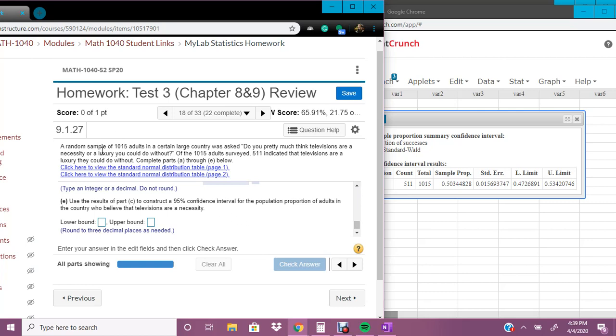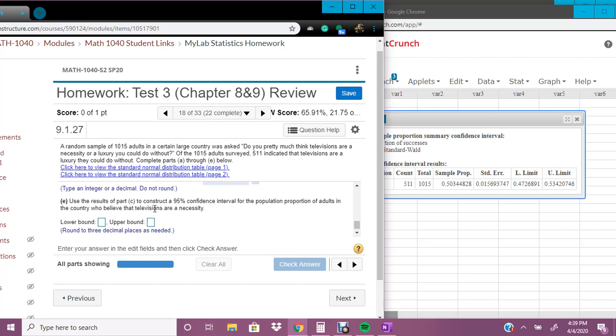So what we found originally is the proportion of people who think that televisions are a luxury and they don't need it, so not a necessity. And now they're asking us to find the percent that think it is a necessity.